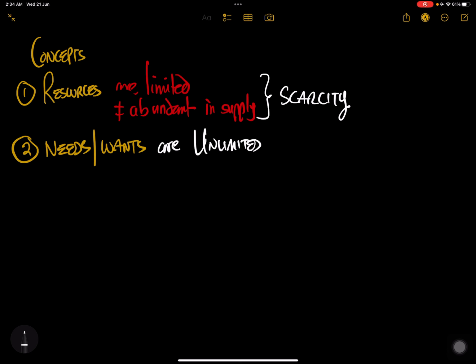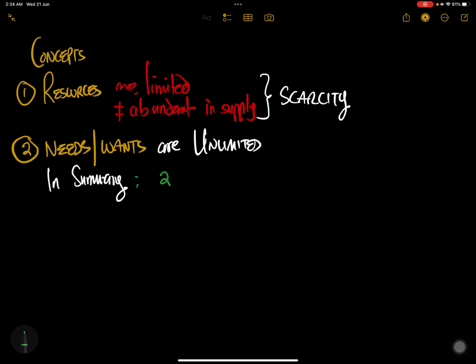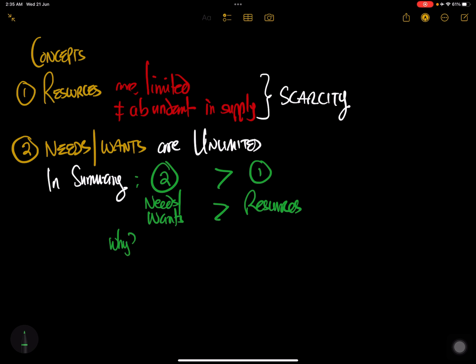And if the needs and wants are unlimited, that means that they are greater. So in summary, number two is greater than number one. What is number two? The needs and the wants. They are greater than the resources. Why?